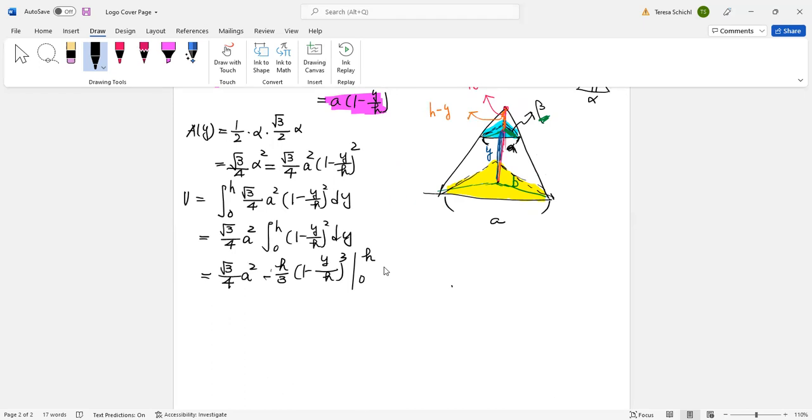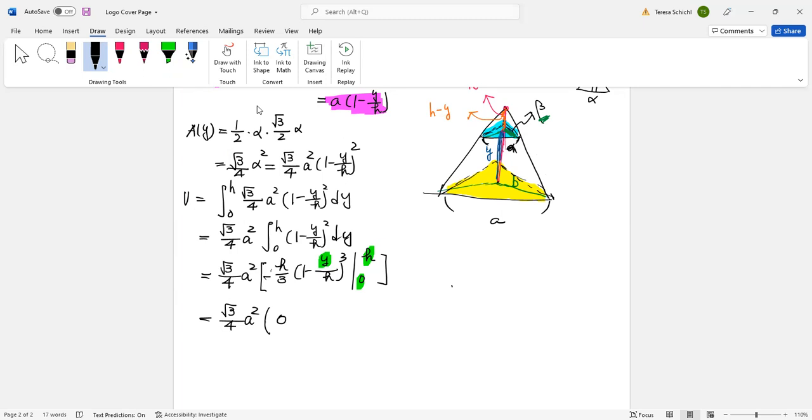So this one here is the square root of 3 over 4 a squared, times the integration here. When you put in the h for y, you place the upper bound and the lower bound. When you put h in, you will have zero, because 1 minus 1 is equal to 0.